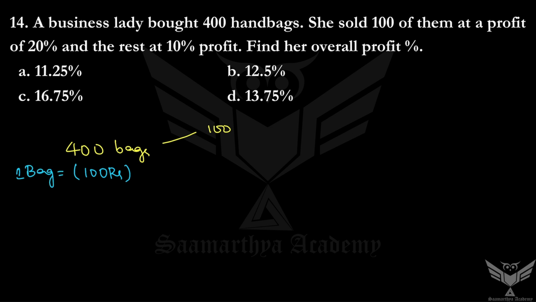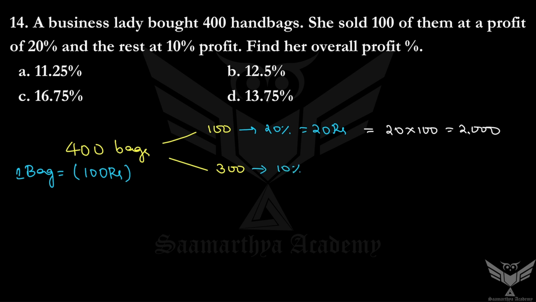Now 100 bags at 20% means 20 rupees she is getting per bag, so total she'll be getting 20 into 100, that is 2000. Similarly, for the remaining 300 bags, profit is just 10%.